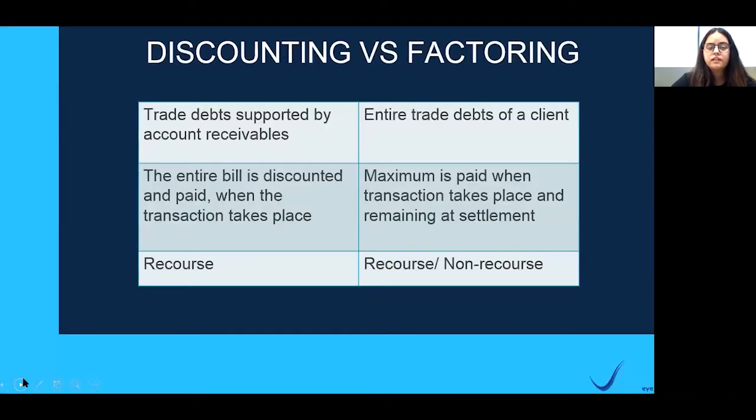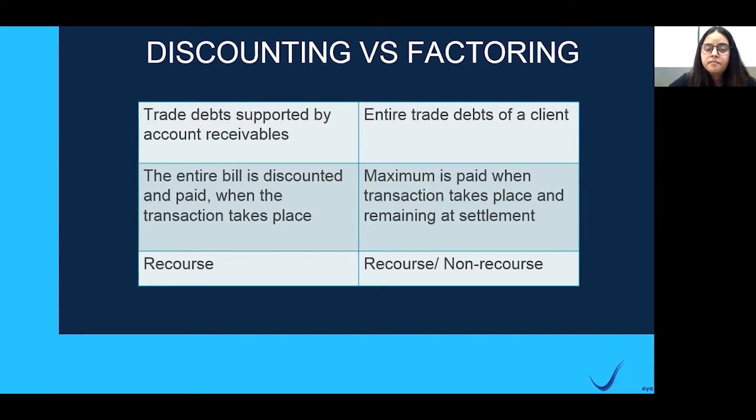Factoring and discounting sound very similar to exporters, although they have key differences, which are as follows. In discounting, trade debts are supported by account receivables, while in factoring, the factor buys entire trade debts of the client.